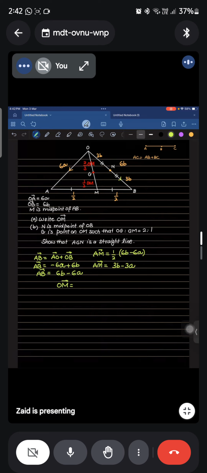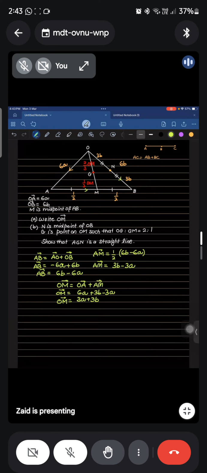OM is OA plus AM, or you could have done OB plus BM. They are the same thing, you get the same answer. OA is 6A because we are going from top to bottom. AM we just calculated, and that is half of AB, so we're getting 3B minus 3A. So we've got OM, and that is 6 minus 3, which is 3A plus 3B. So this is OM.